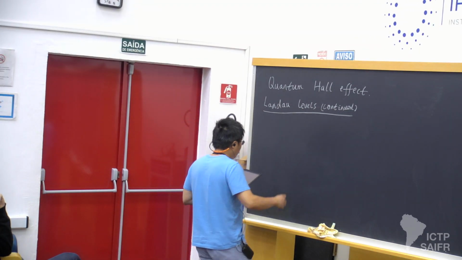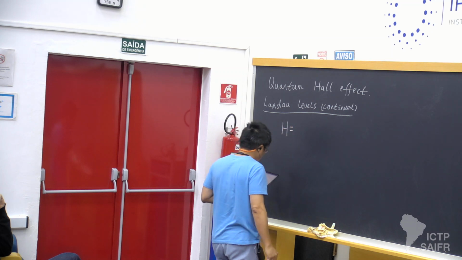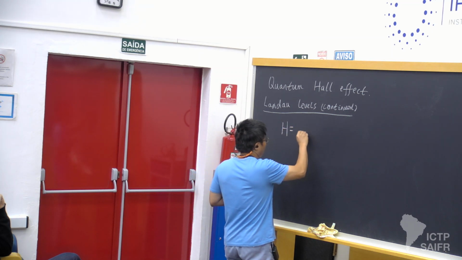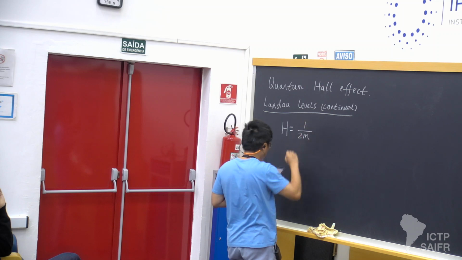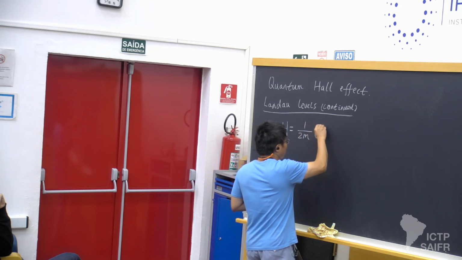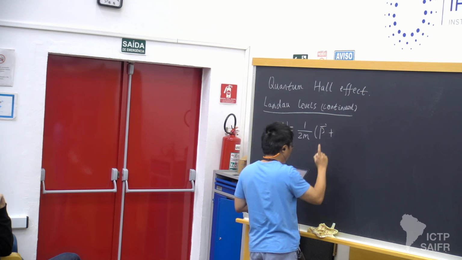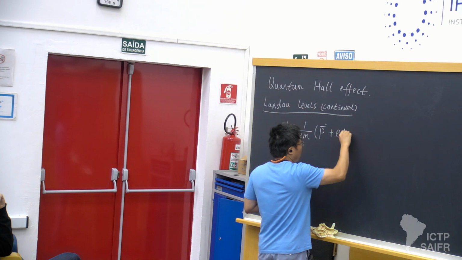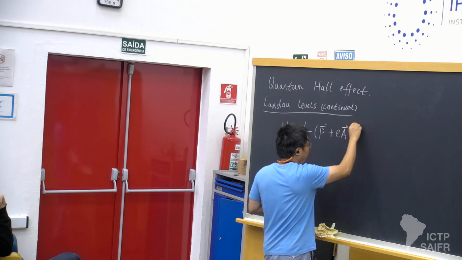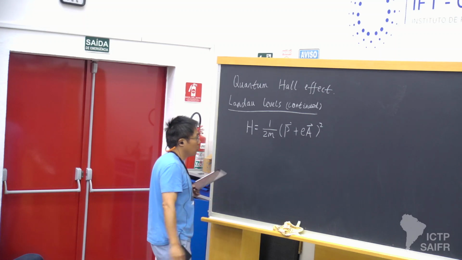And just to remind you, Landau levels are really just the solutions for particles, for example, electrons moving in the presence of a magnetic field. The electrons move in two-dimensional space, and the magnetic field is perpendicular to my two-dimensional plane.